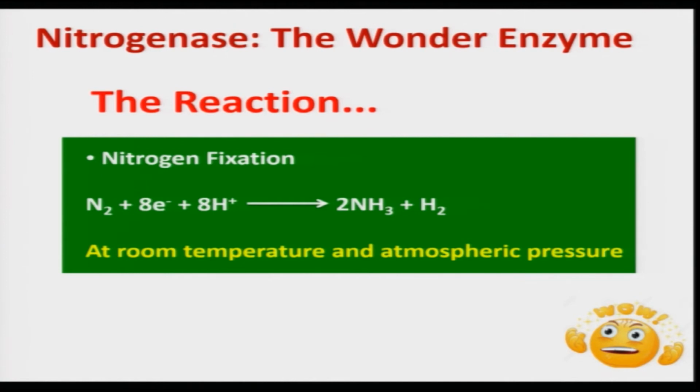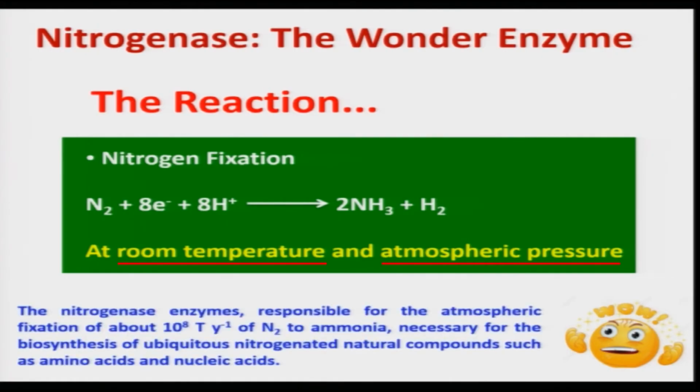Now, the reaction is N2 plus 8 electrons and 8 protons produces 2 molecules of ammonia plus hydrogen, and this reaction is happening at room temperature and normal atmospheric pressure because of the nitrogenase enzyme. We would like to understand how nature is fixing this aerial nitrogen so easily.